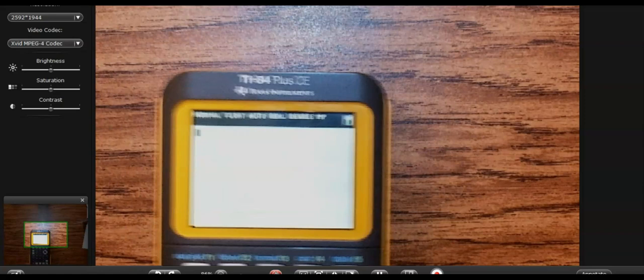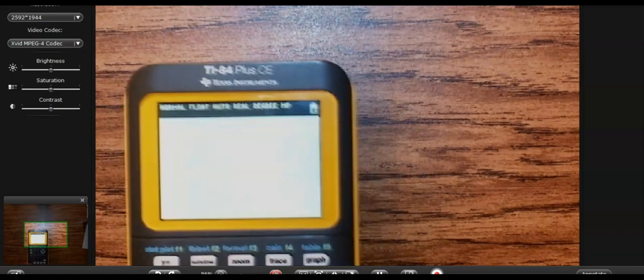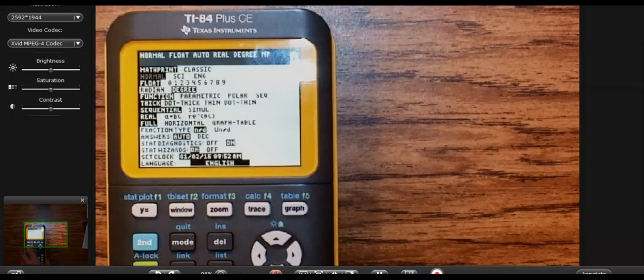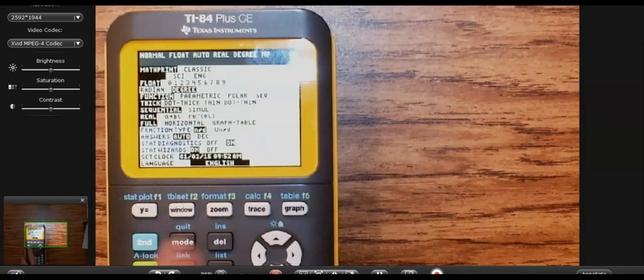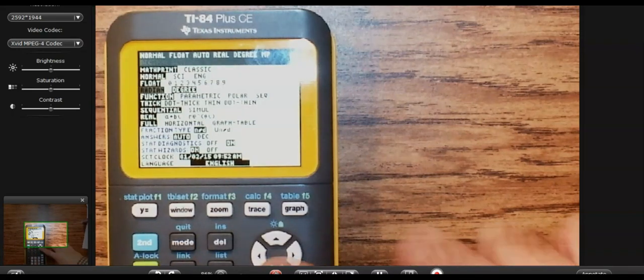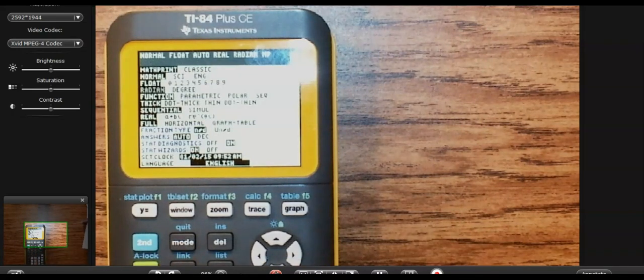Okay, the first thing that we would need to do is change the mode on our calculator. The mode button is right about in here, and we need to make sure the calculator is in what we call radian mode, not degree mode.